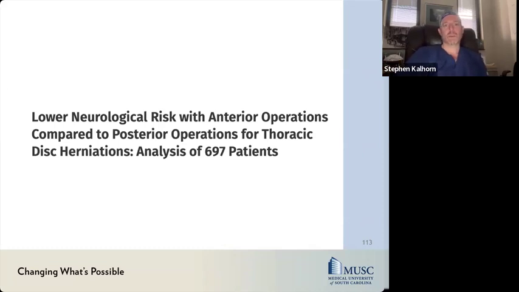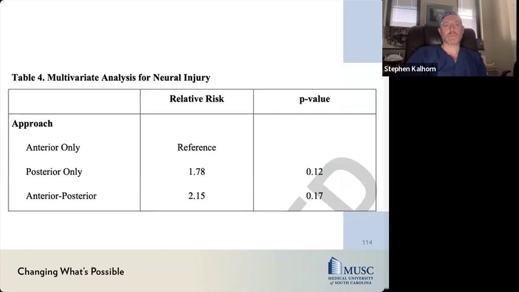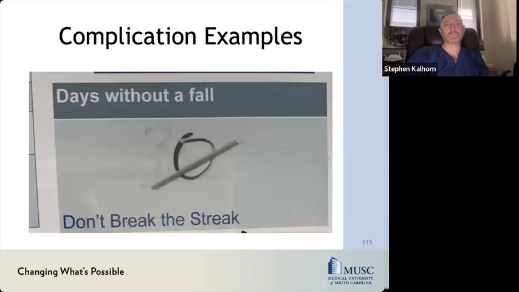I reviewed this paper, and here's the deal though, the p-values are not significant. So there are people who are a little bit worried about going posterior only, but with more people publishing on this, I think we're showing that it's actually very safe. And I don't think you can say that anterior only is safer.